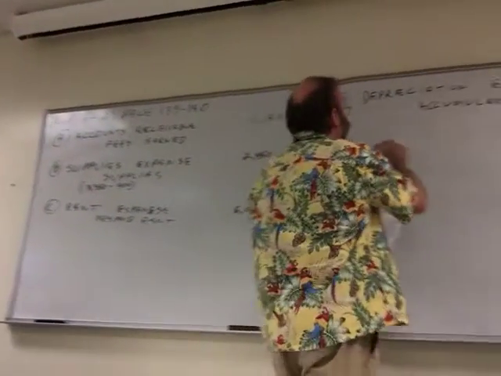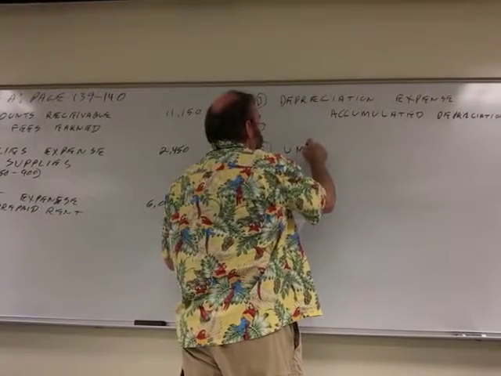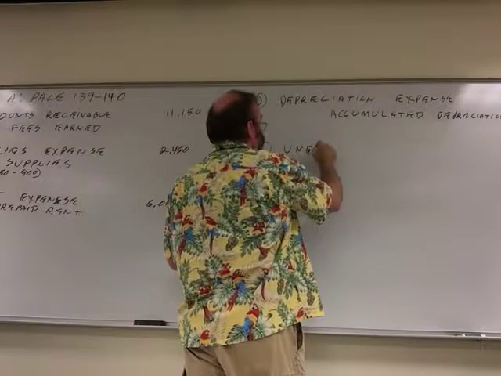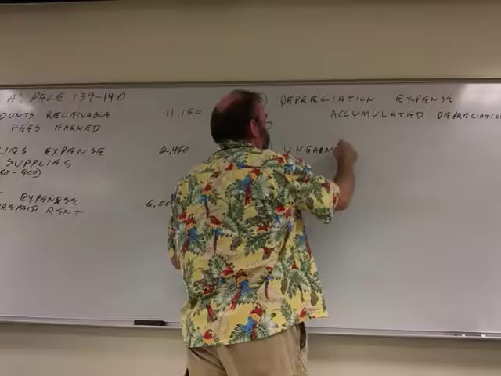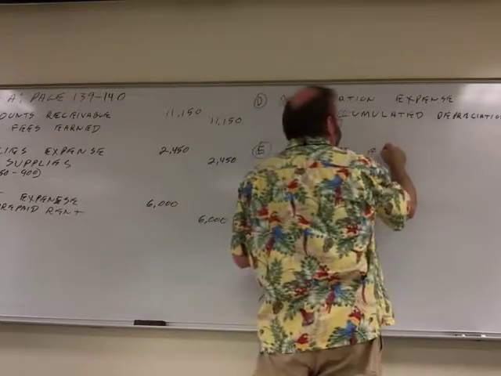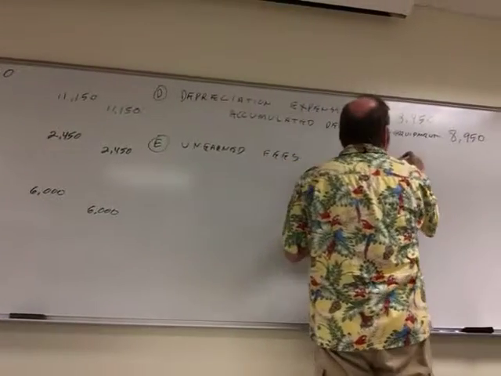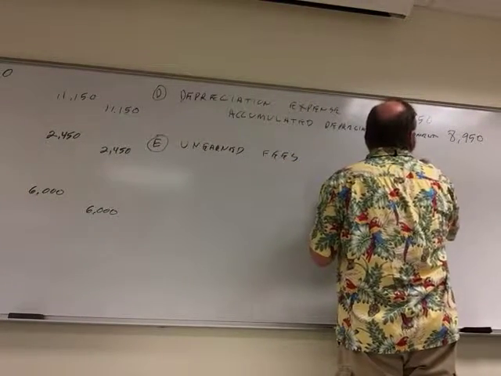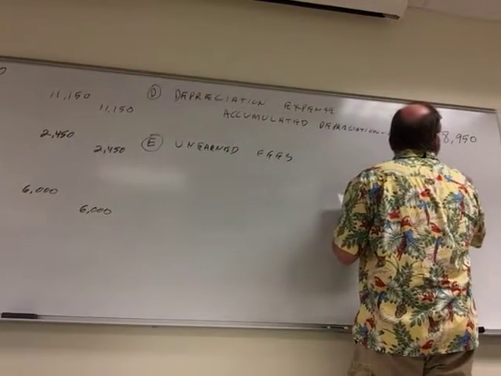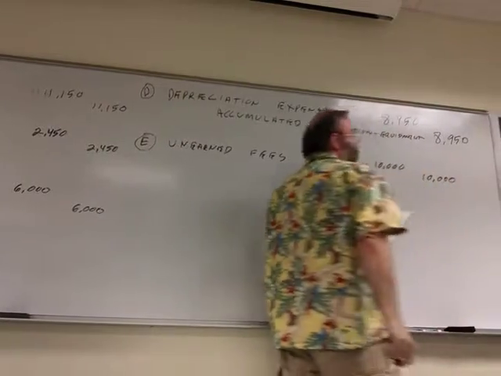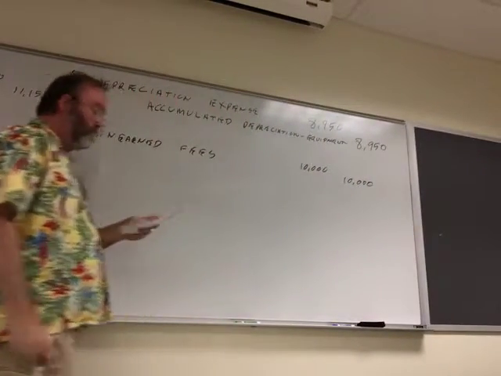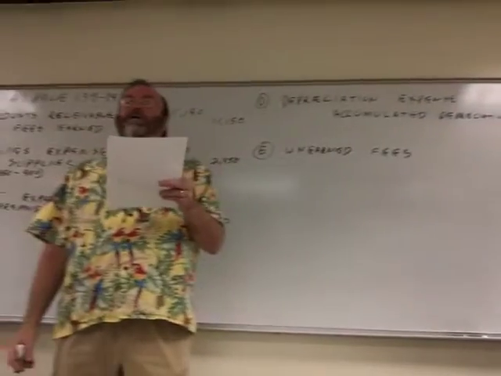So you're going to lower that liability by $10,000, because you have $12,000 in the account. The ledger balance at the end of July is $12,000.